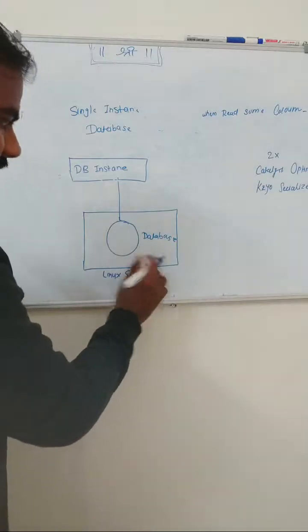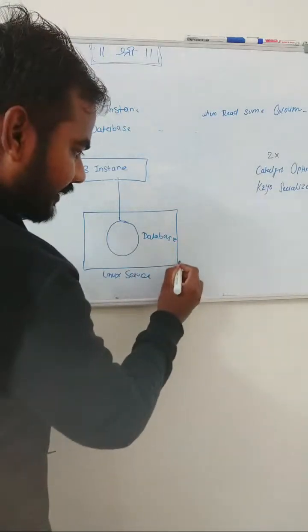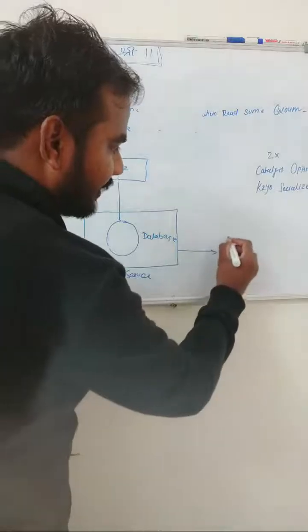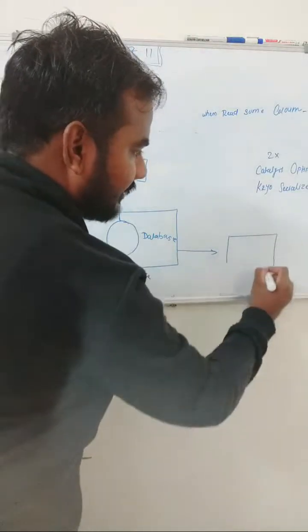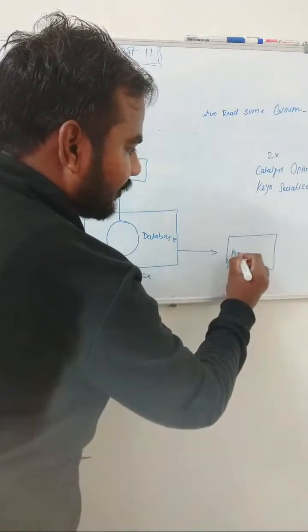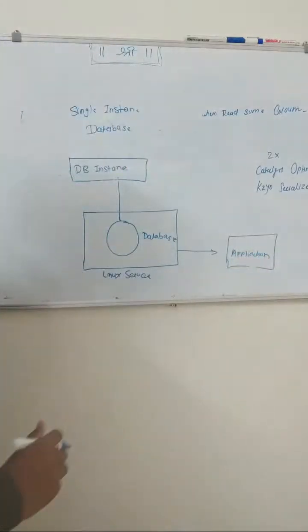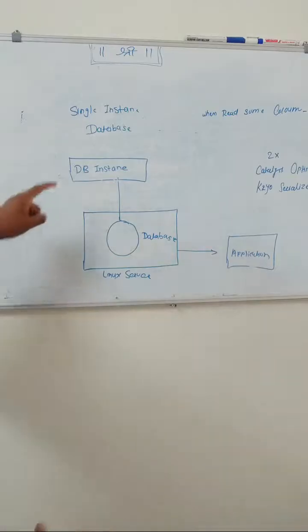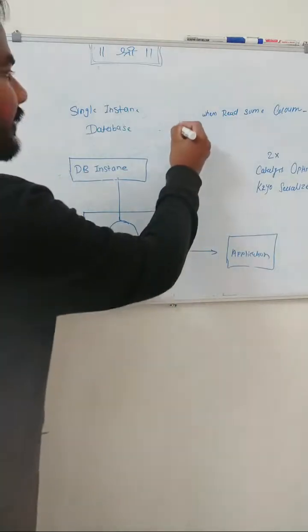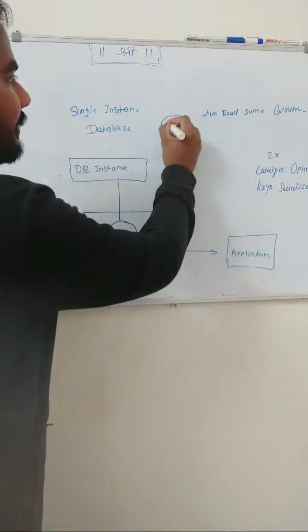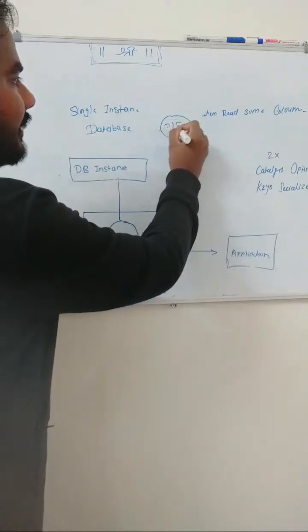And this database is connected with the application. You can take the application like your Facebook application or Google application, any application. So what is happening here? Let's say I am an Oracle DB user.